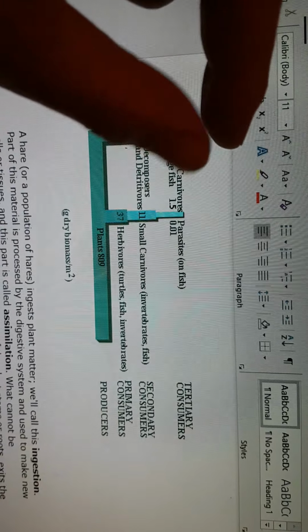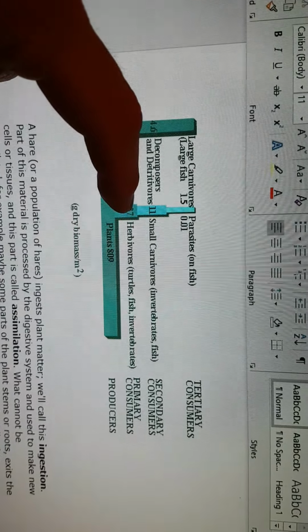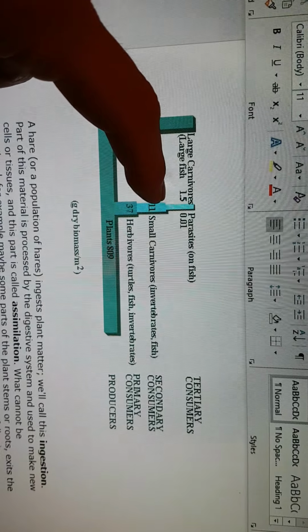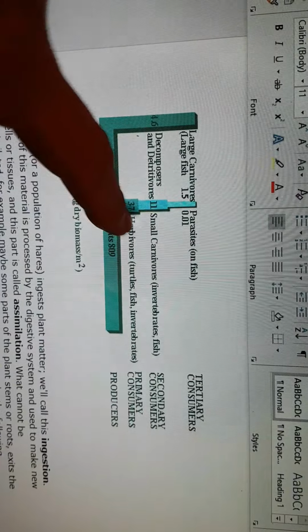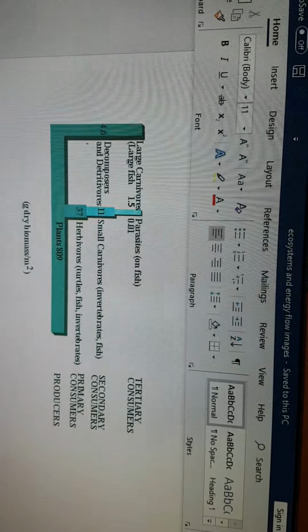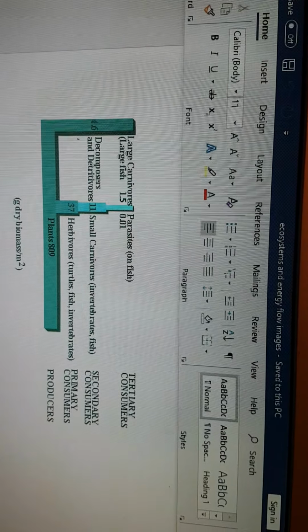The second point is saying, however, that the efficiency of transfer from primary to secondary consumer is a higher percentage efficiency than it is from plants to primary consumers, just because animal food is easier to digest than plant food.